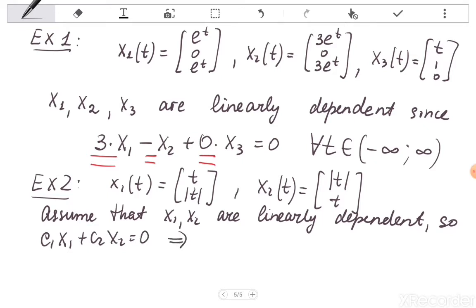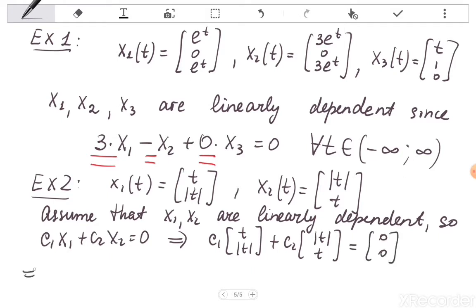Okay, let's see what this means. c1 times the vector t, absolute value of t, plus c2 times the vector absolute value of t, t must be the zero vector, which is 0, 0. So the first component must be 0 and the second component must be 0.